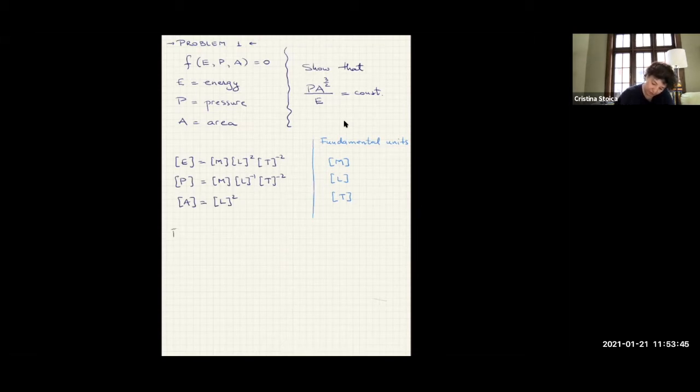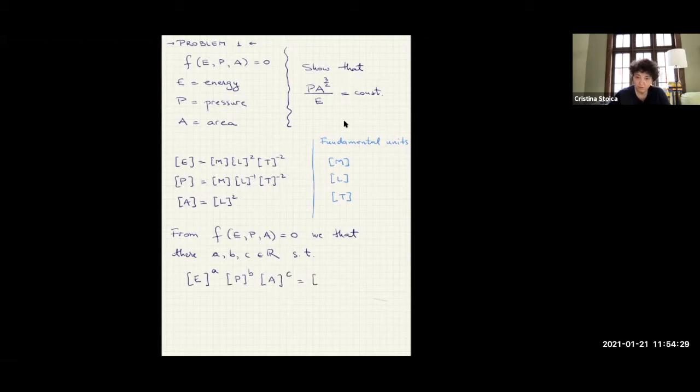From E^a P^b A^c = 0, we know that there are 3 numbers such that if we combine the dimensions of the physical objects that show up in the description of this phenomenon, we get whatever fundamental units are showing up in this problem.